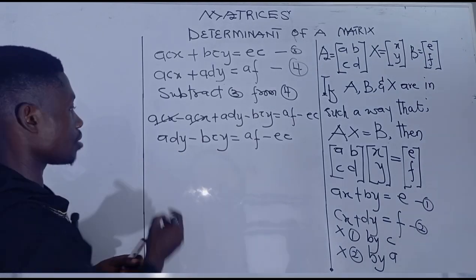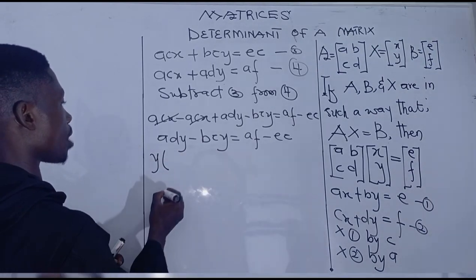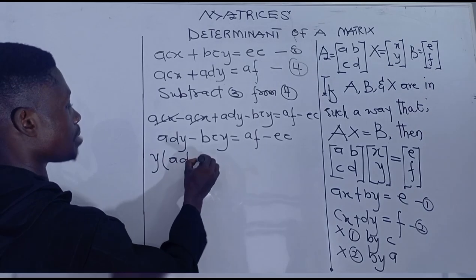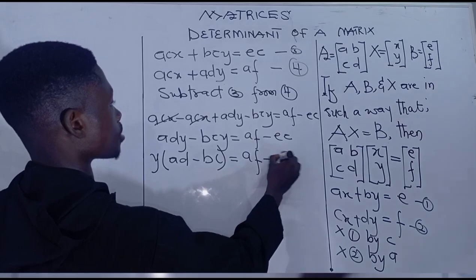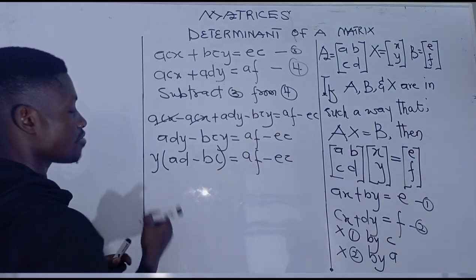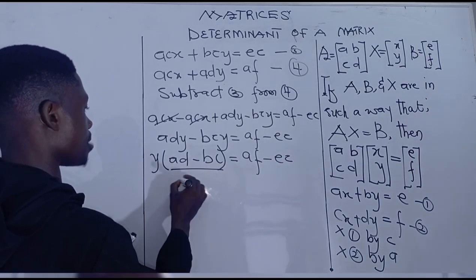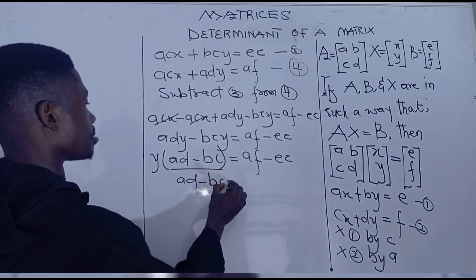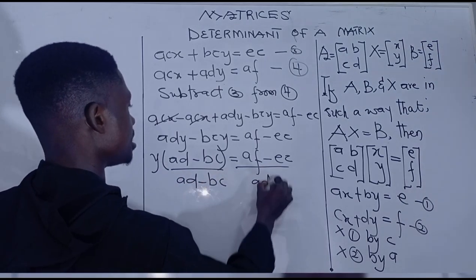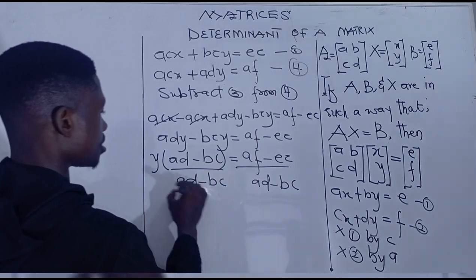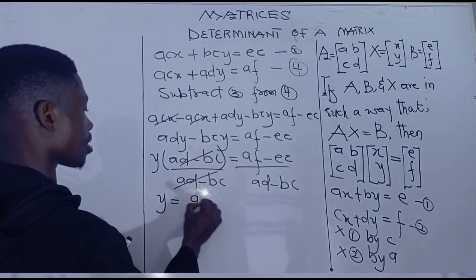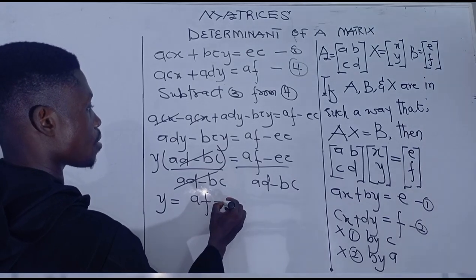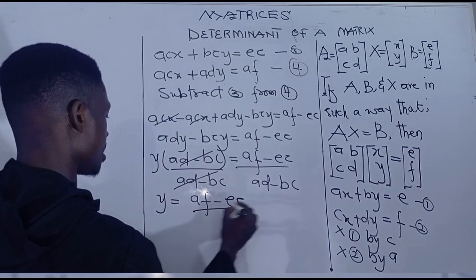Let's factorize y out, giving y times AD minus BC, equal to AF minus EC. We are looking for y, so let's divide both sides by AD minus BC. We get y equal to AF minus EC, all over AD minus BC.